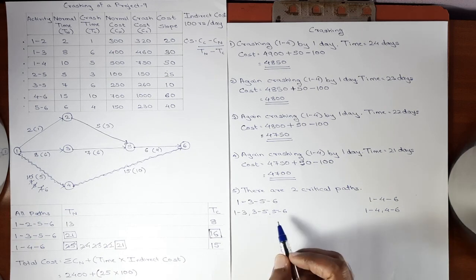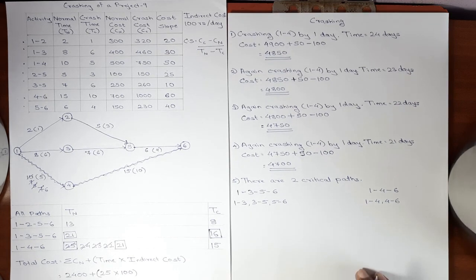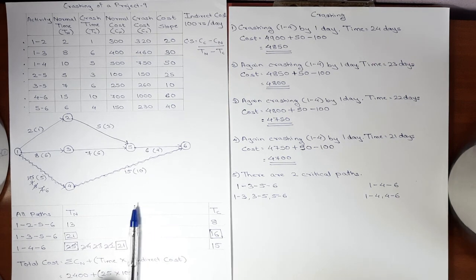No activities are common in both the paths. So now we have to make combinations. The rules of making the combinations are: first, an activity from each path must be selected in a combination, and second, no activity must be repeated in a combination. These 2 rules you have to keep in mind while making the combinations.